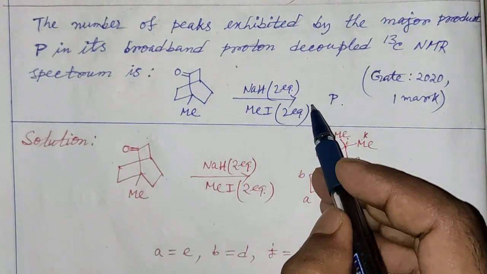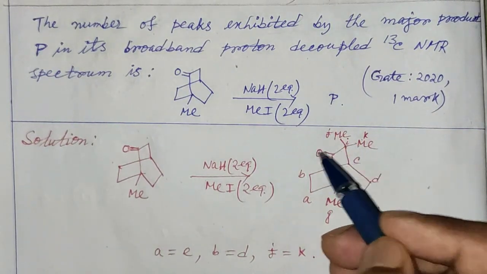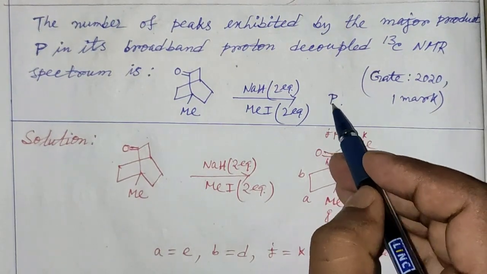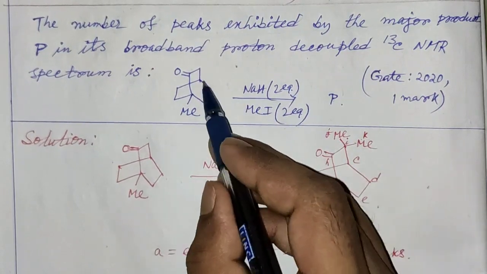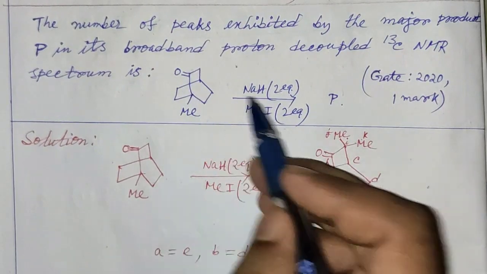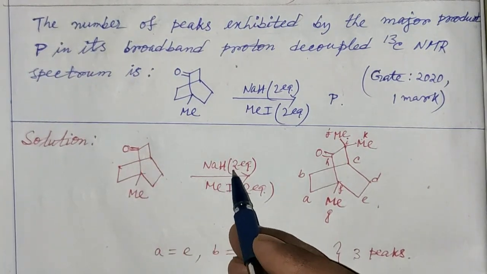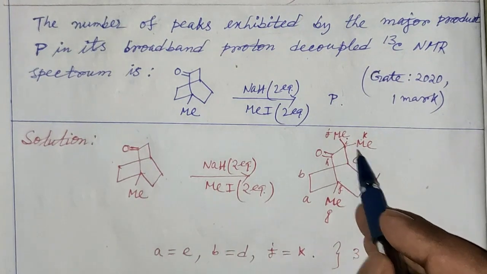That means we have to calculate the number of different equivalent carbon atoms present in P, which is generated by the reaction of two equivalents of sodium hydride and methyl iodide with this compound. The reaction of this with two equivalents of sodium hydride and two equivalents of methyl iodide will give this product.